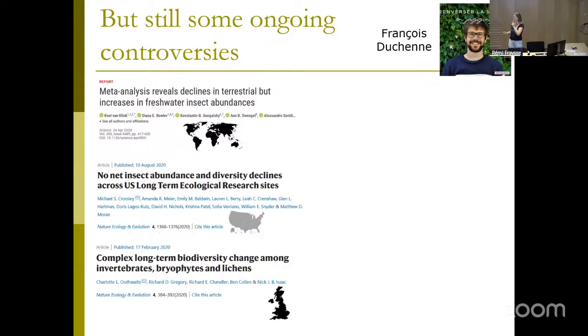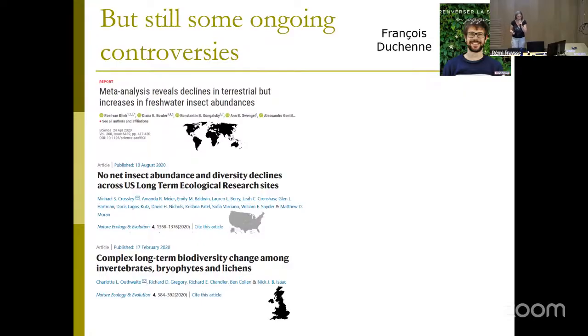The second one on the United States showed no net insect abundance declines. And the last one in Great Britain, focusing on invertebrates, including insects, concluded on complex changes. So there are really different information carried by these different data sets and analyses.